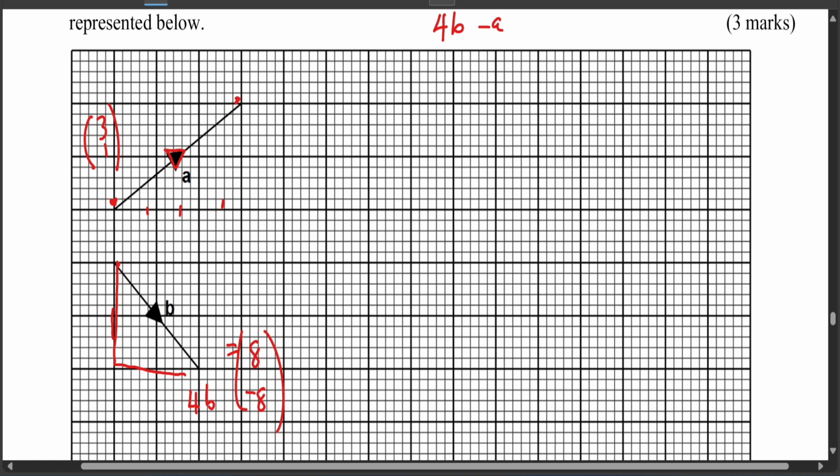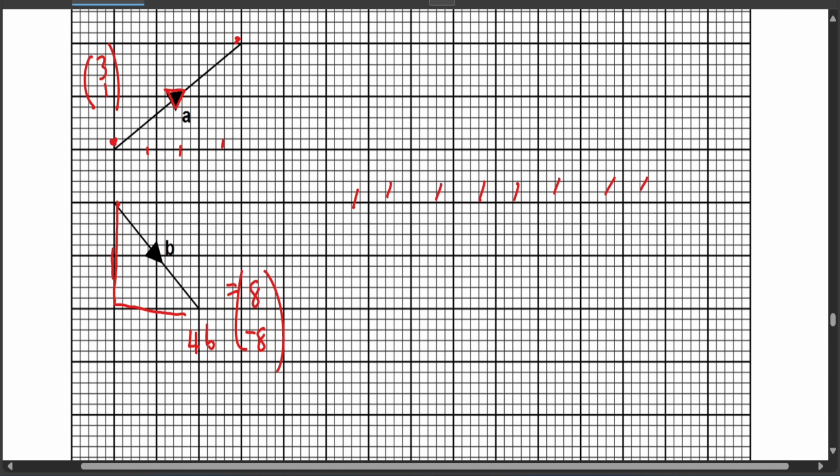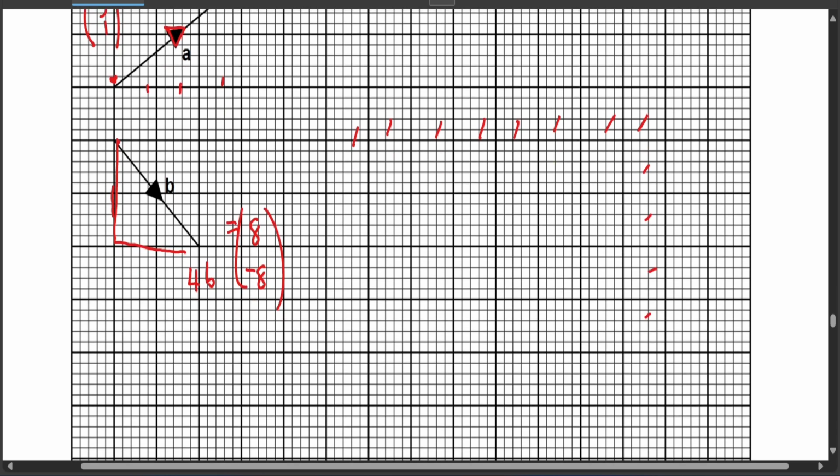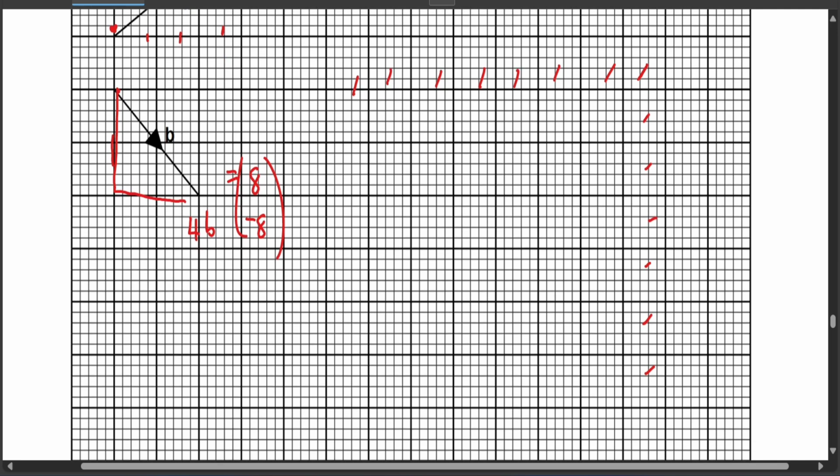But let's write the 4b first. The 4b means 8 going right, then 8 going down. So let's go this 8 times: 1 2 3 4 5 6 7 8, and then down 1 2 3 4 5 6 7 8. Yeah, 8. So you draw from here to there.